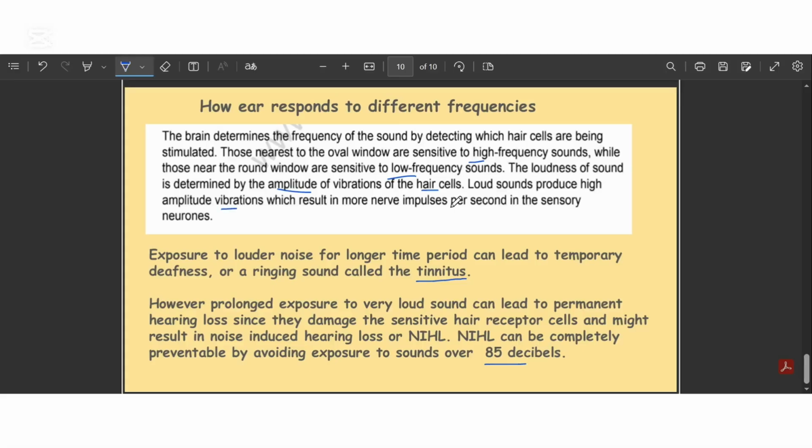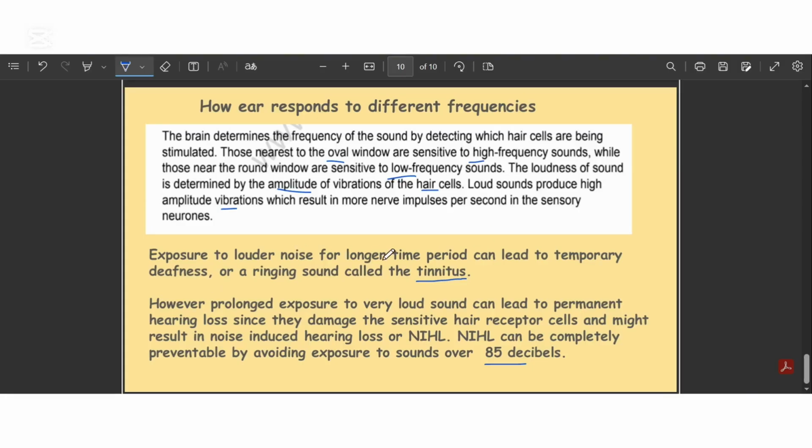So the frequency is basically detected by the hair cells at different locations between the oval window and the round window, and hence these hair cell receptors take the stimulus and send it to the brain, so the brain can detect the nerve impulses and respond to the type of sound the ear is being exposed to.